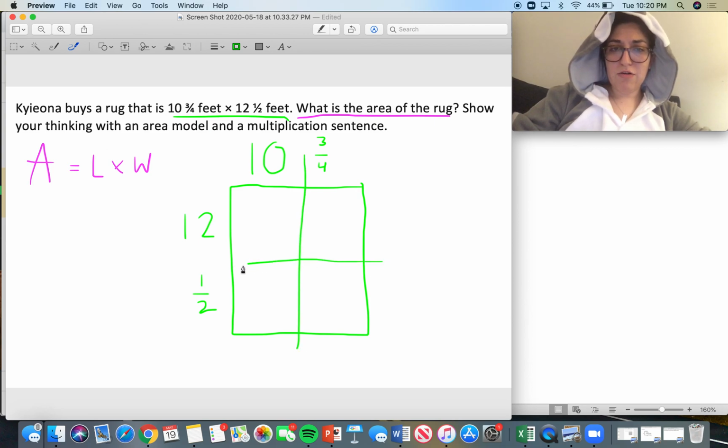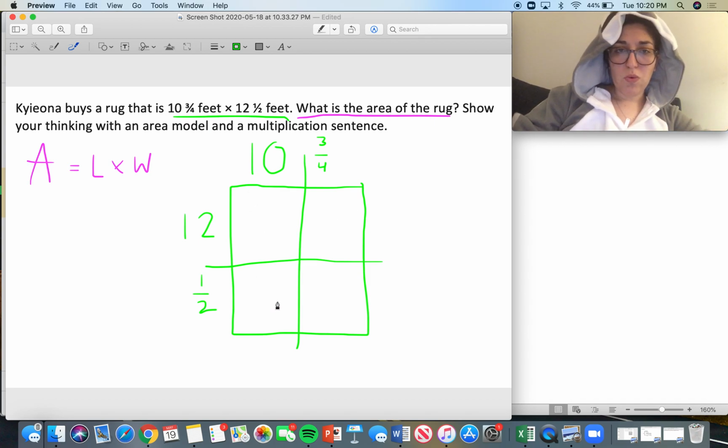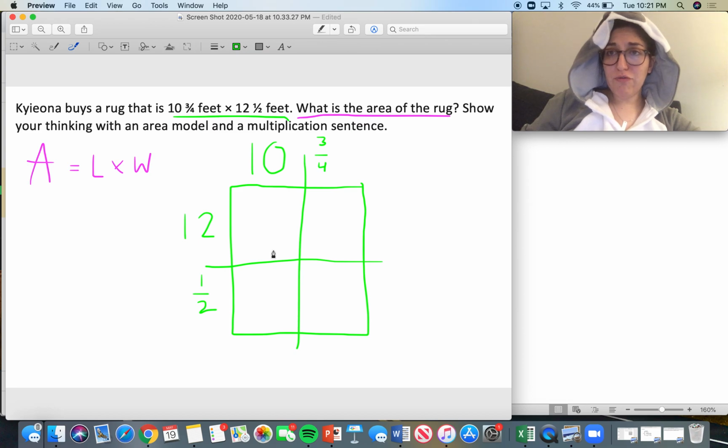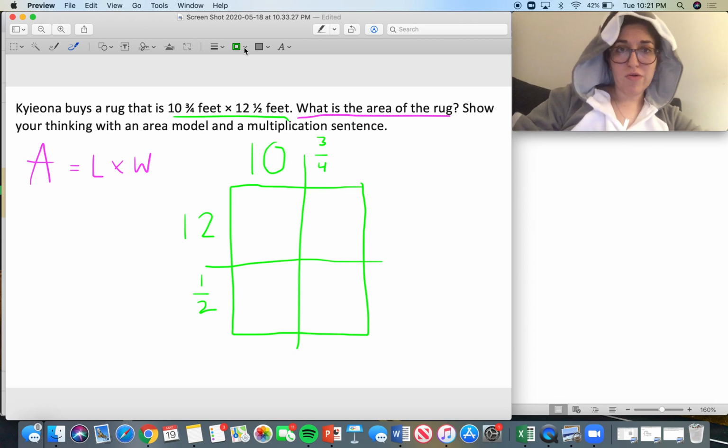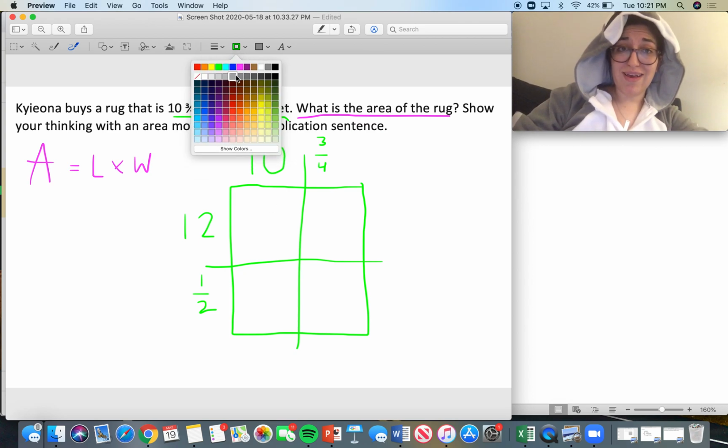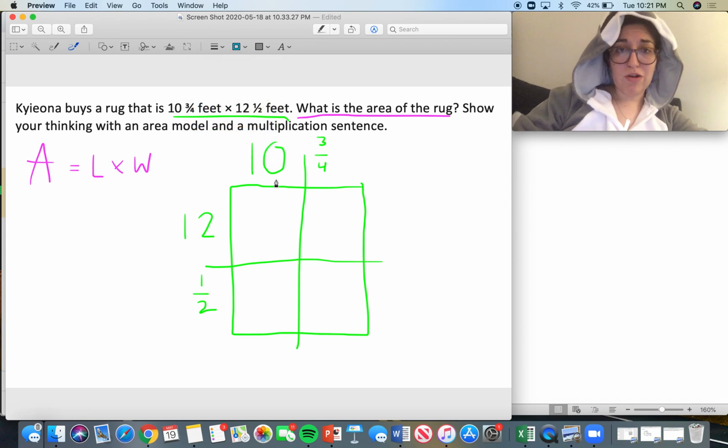And remember, with the area model, we're going to multiply to find what's in here, what's in here, what's in here, and what's in here. And then we're going to add all of those together. I'm going to start that off with you, but at some point I'm going to stop this video so that you can take ownership and do it on your own. And if you have any questions, you know to come find me and Miss Andrea at office hours. So let's get right to it.